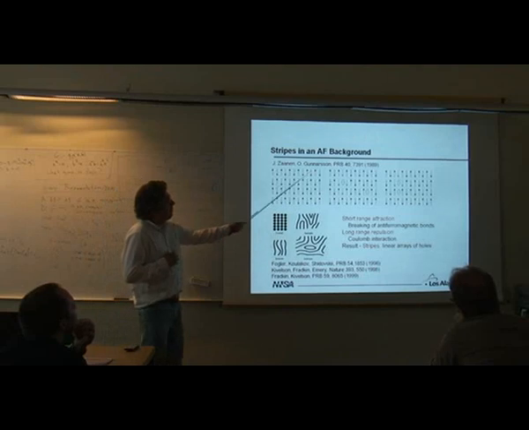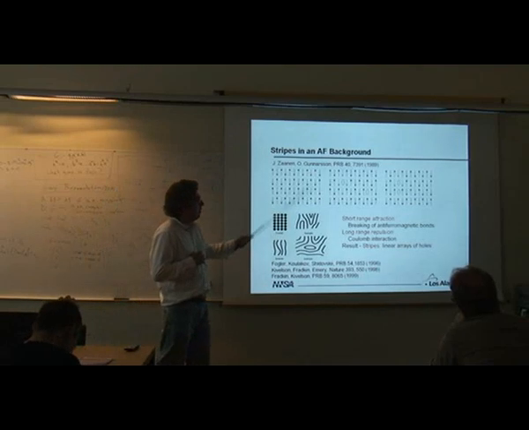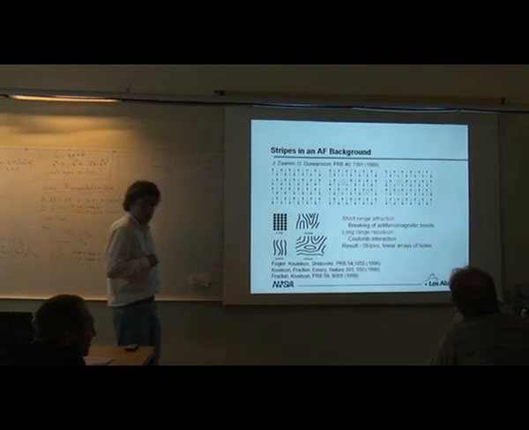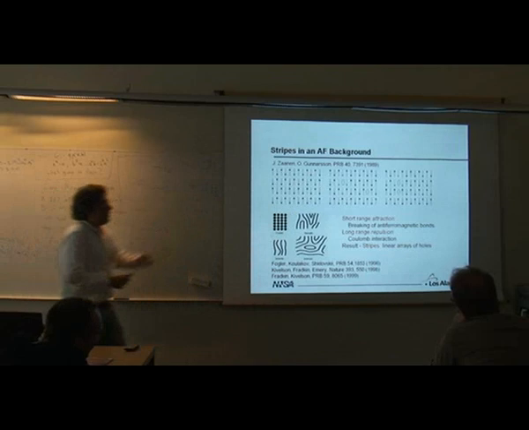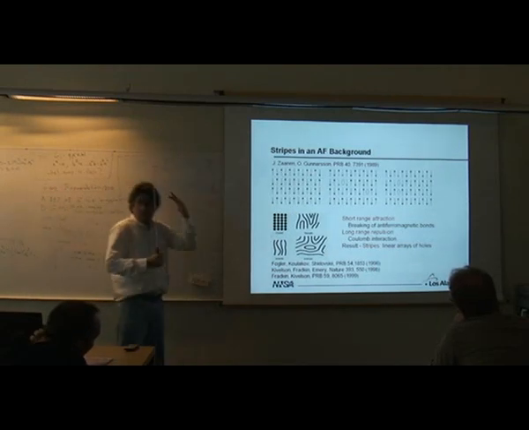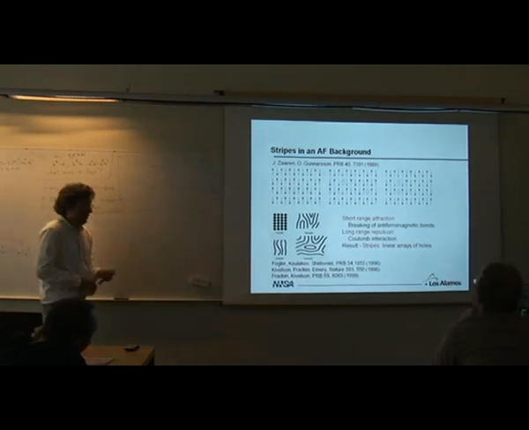But earlier, Jan Zaanen and collaborators also suggested something like this can happen, and really they got the idea from the physics of nuclei, and I'll mention that later on.